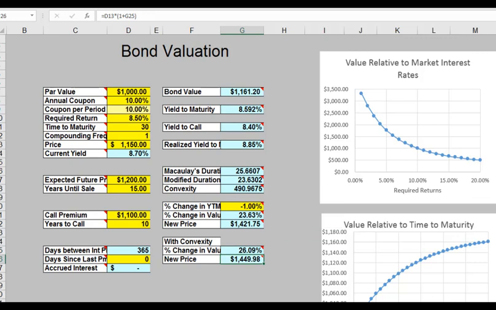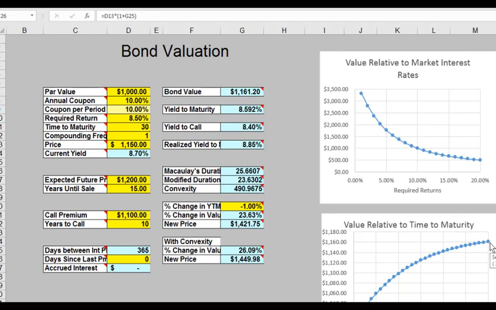One of the other additional things that we can look at is what happens to values as interest rates change. And as you see here, as interest rates decline, the value of a bond increases. In addition to that, what is the value of a bond at maturity? In this case, this bond started at $1,150, that's up here.